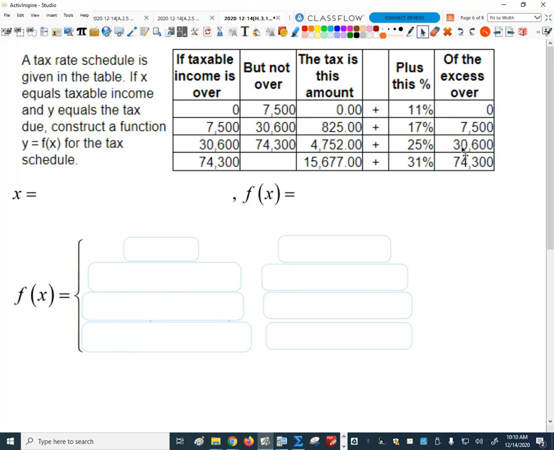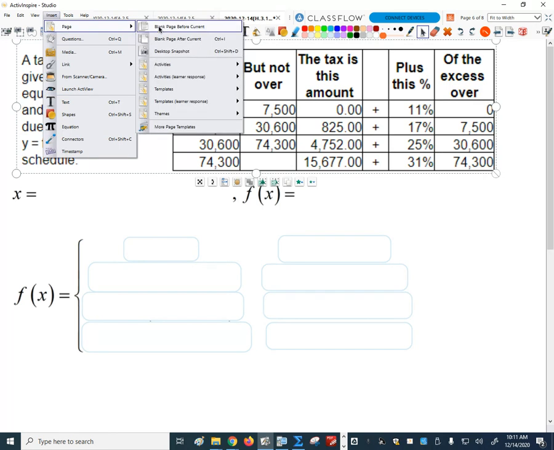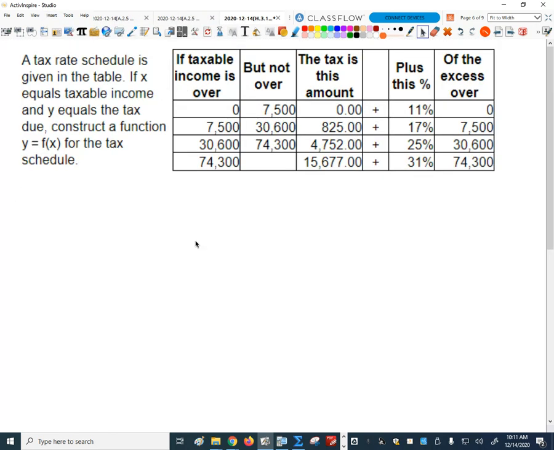So we've got to come up with a piecewise function for that. I mean, we could do a couple little calculations too. Maybe let's do that first. So what if you made $6,000? In fact, here, I'm just going to copy this thing. Let's just make sure we understand how to use this first. Okay, so if I made $6,000, how would I calculate my tax? Well, that's just in row 1, isn't it? So it's going to be between 0 and 7,500.